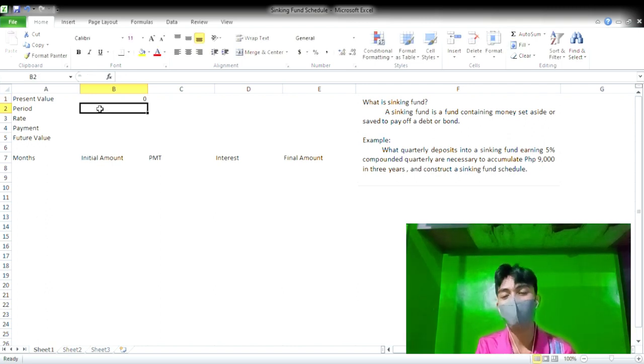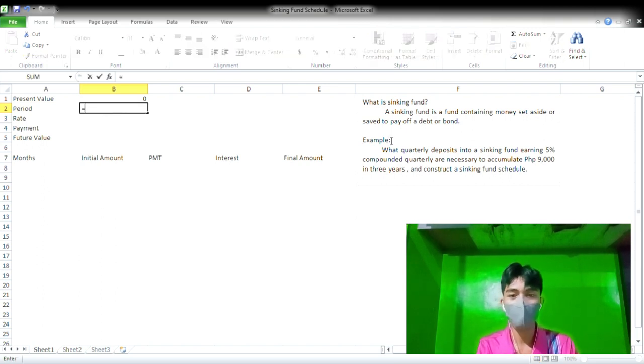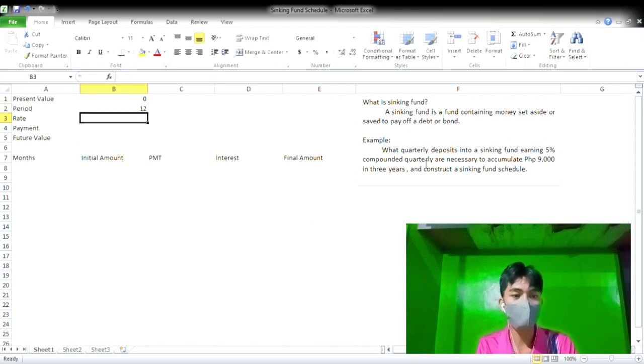Then the number of periods equals 3 years times, since it is compounded quarterly, our M here is 4. That is our period. We have 12 periods.